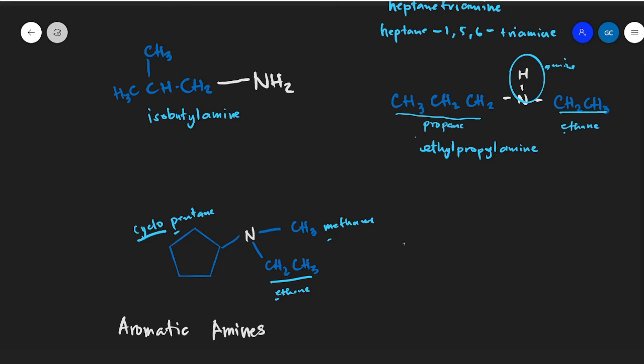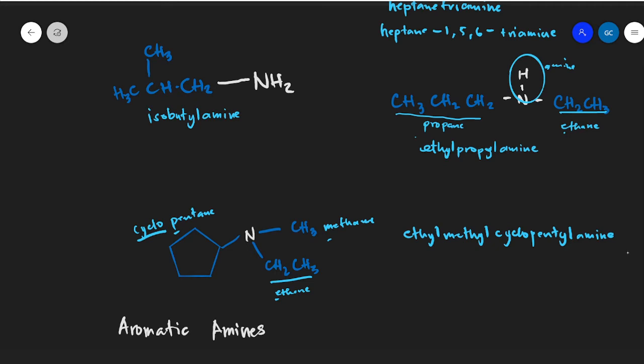So, for this, the common name of this compound, we will have ethyl, methyl, cyclopentyl, amine. So, yan yung magiging common name niyan ng ating structure na yan.